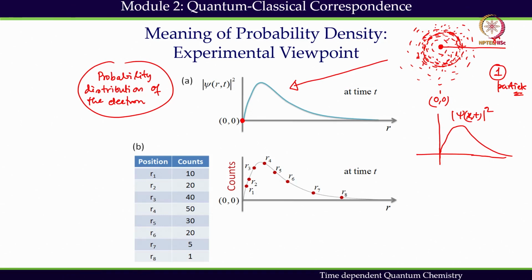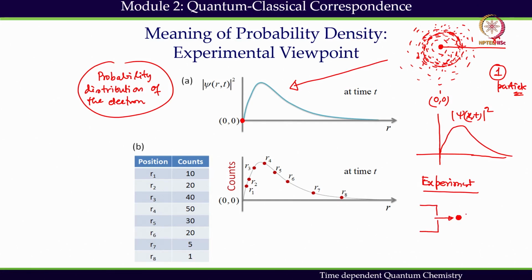But in terms of experimental measurement, what does it mean? So, let us think about a thought experiment here. Let us assume that I have a device which can produce identical hydrogen atoms.